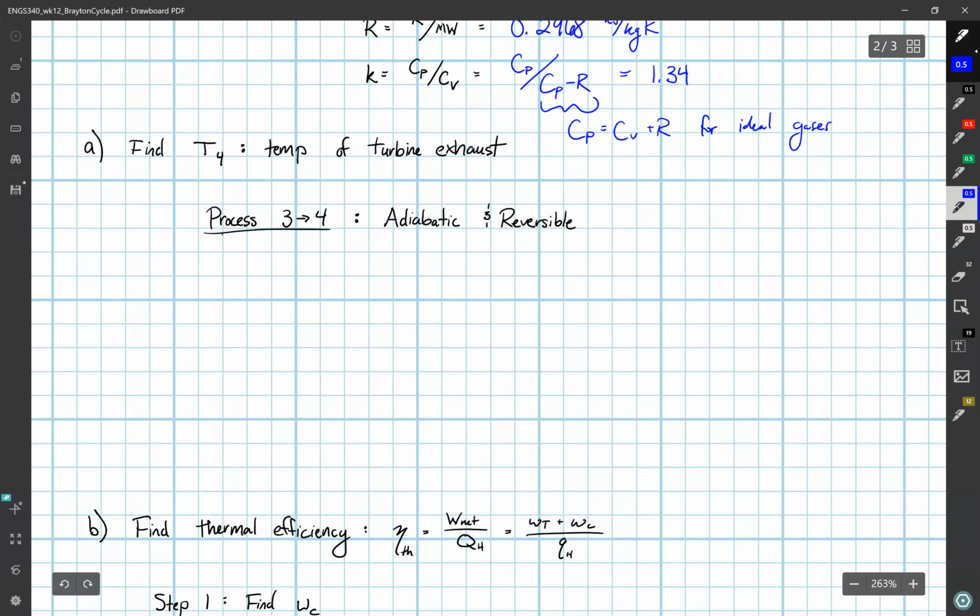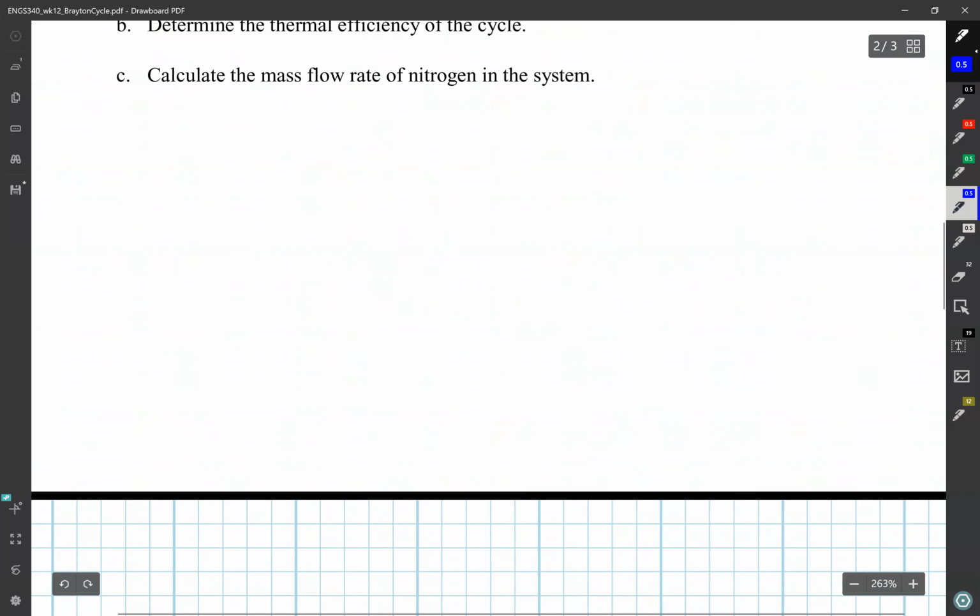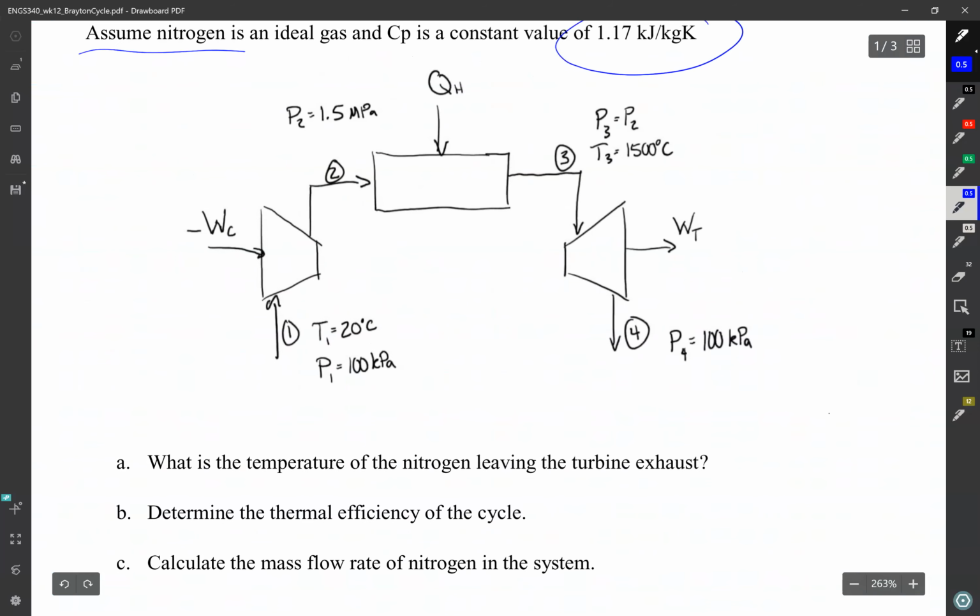So the first thing, we're going to find the temperature of the turbine exhaust. If we go back up to our cycle, we're looking at jumping over the turbine, from 3 to 4. We know our inlet state, 1.5 megapascals, 1500 C, and we know our outlet pressure.